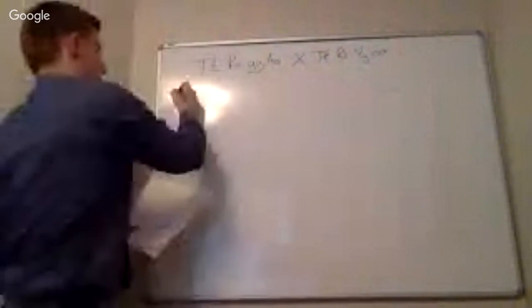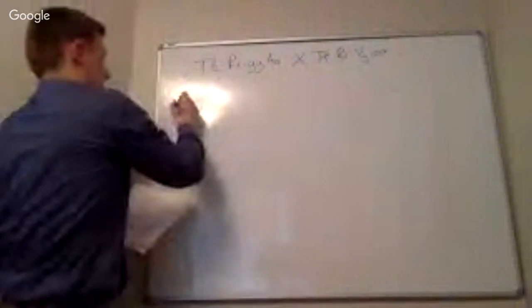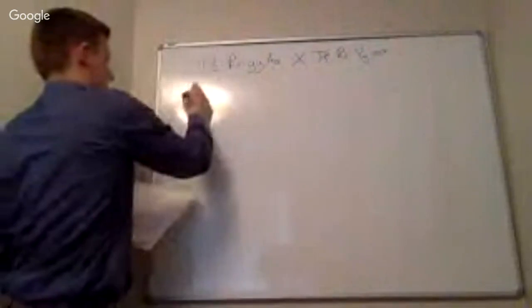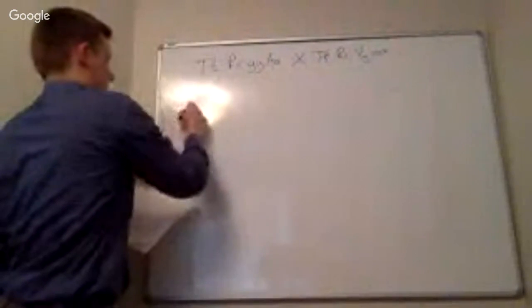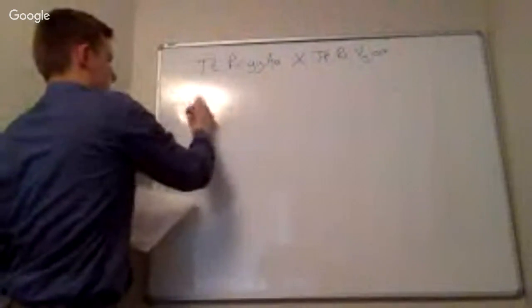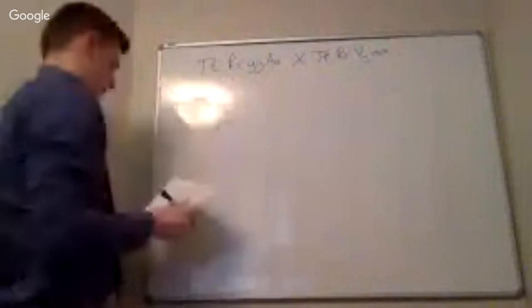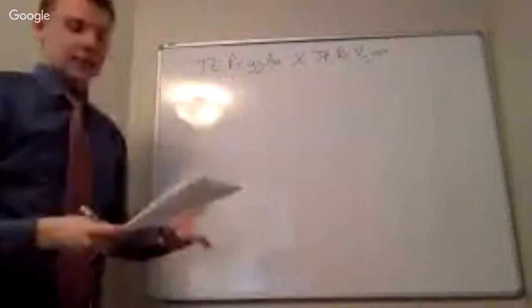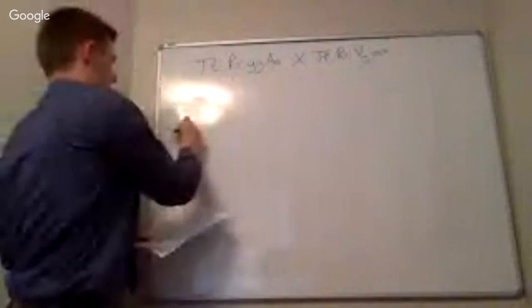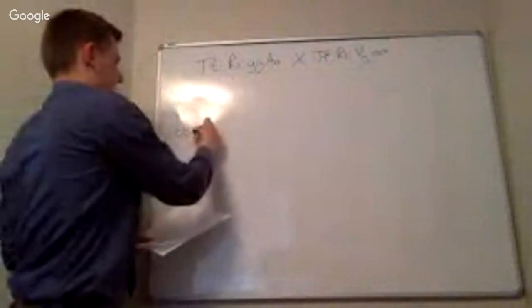And so we know that a big T, TT, or a T little t, these are going to be tall plants, just based off of the information that's given to us. With a little t, this is going to be a dwarf.